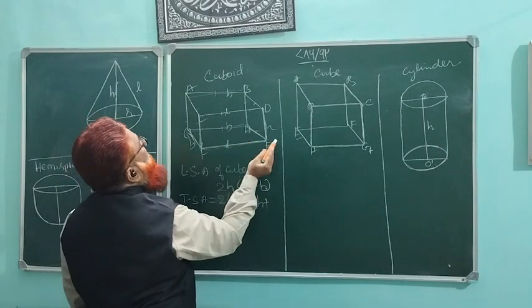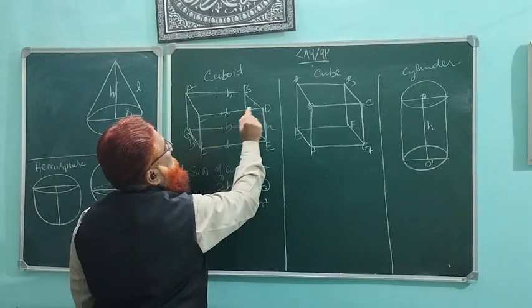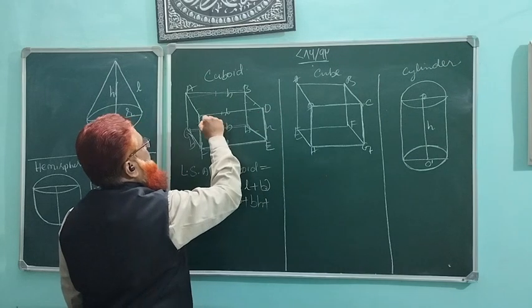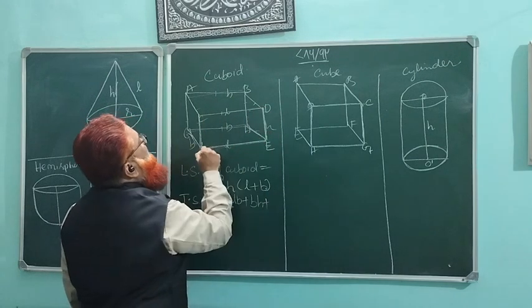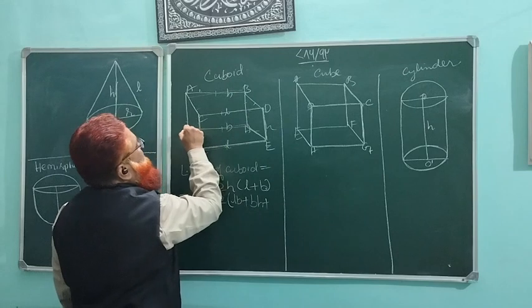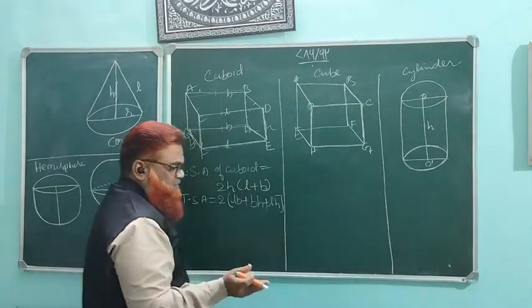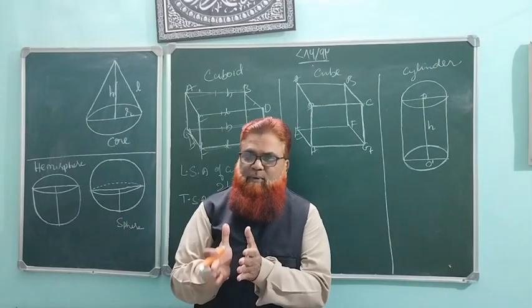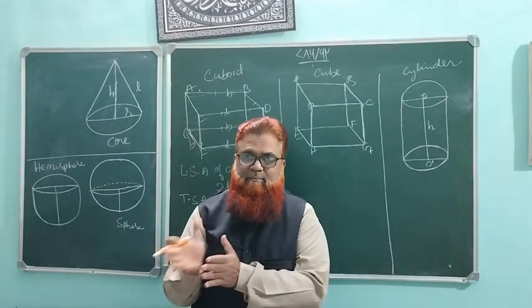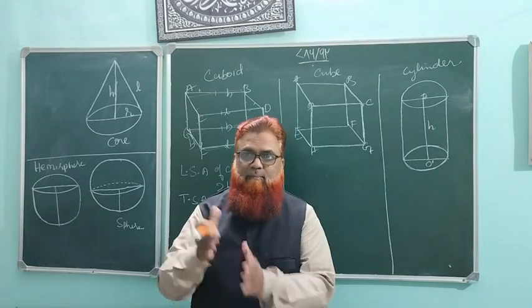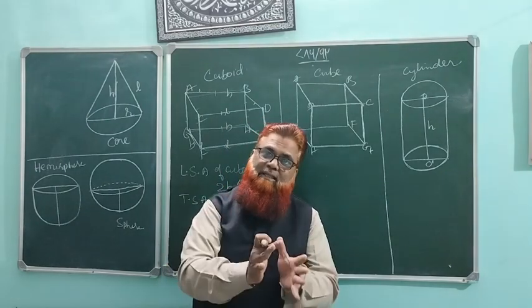Similarly, now we come to the other part. See that one, DCFE and ABHG, it is length and height. So each 2 sides are associated with a particular dimension: length and breadth, breadth and height, height and length.